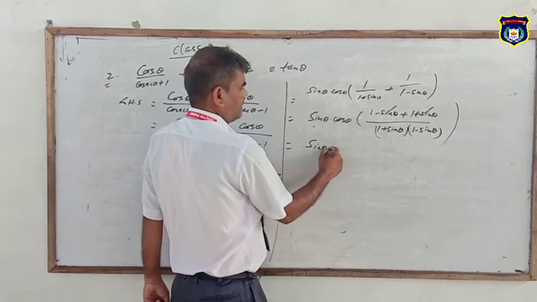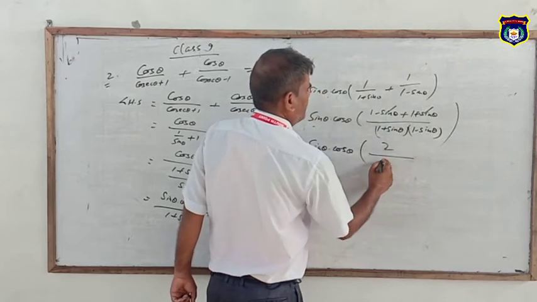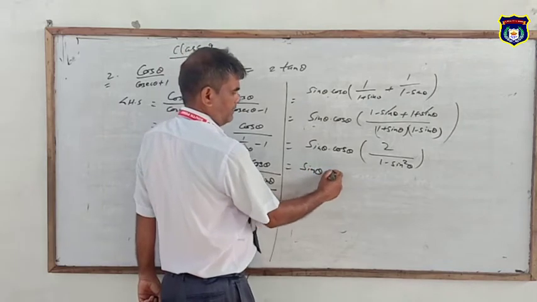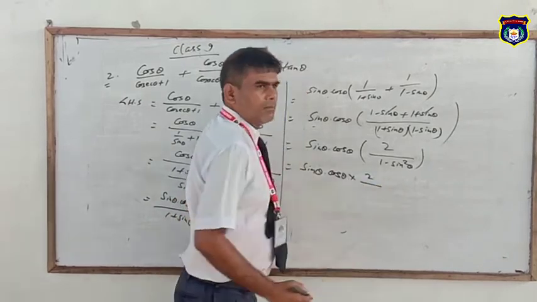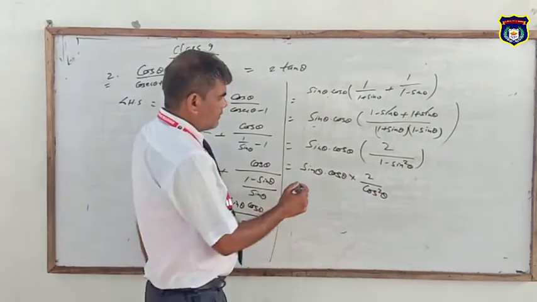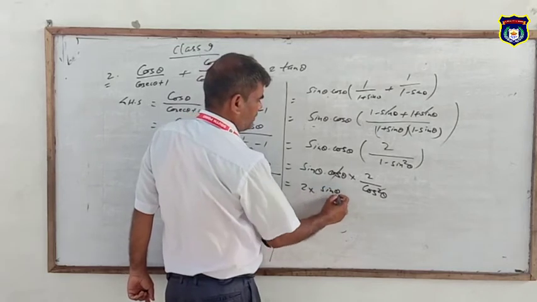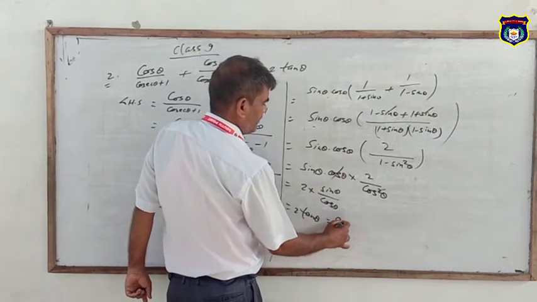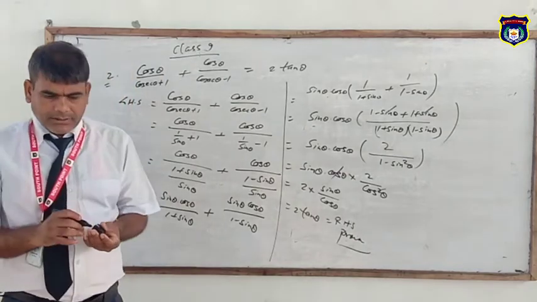So this is sin theta into cos theta, 1 plus 1 is 2 by 1 minus sin square theta, and 1 minus sin square theta is cos square theta, and cos theta is cancelled. 2 into sin theta by cos theta. This is 2 tan theta. Now next question.